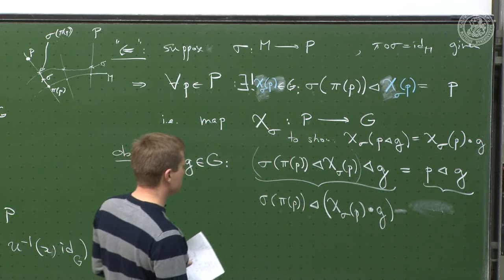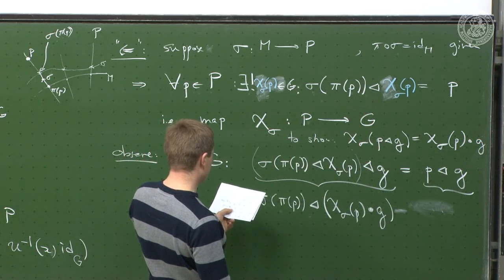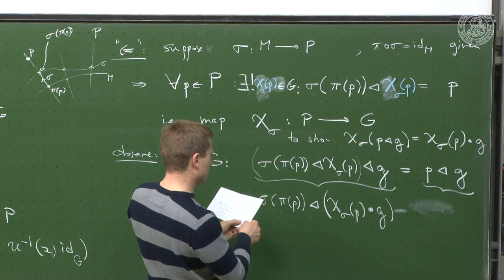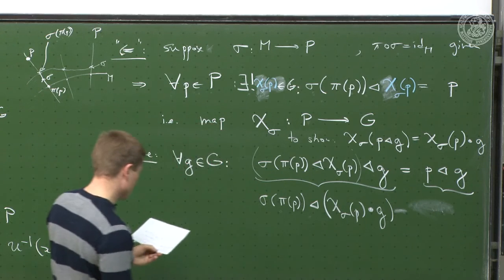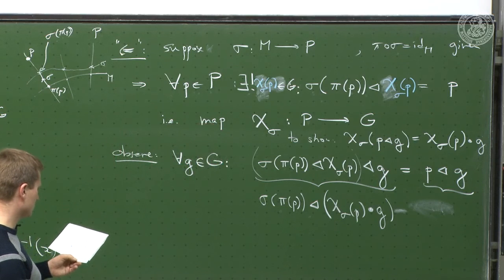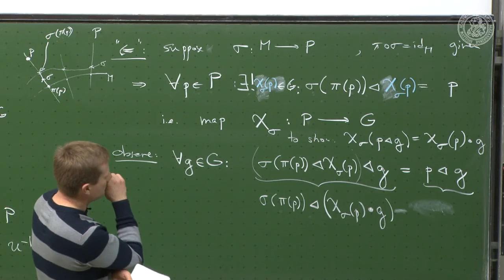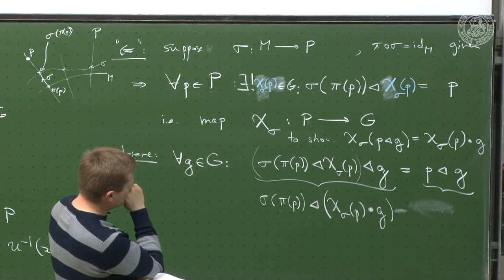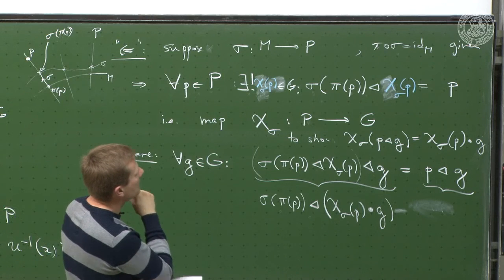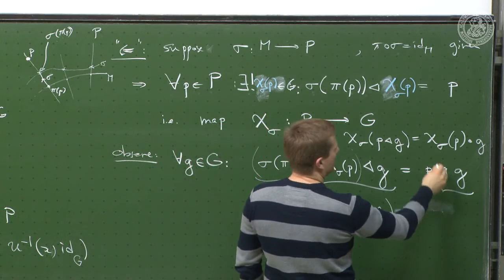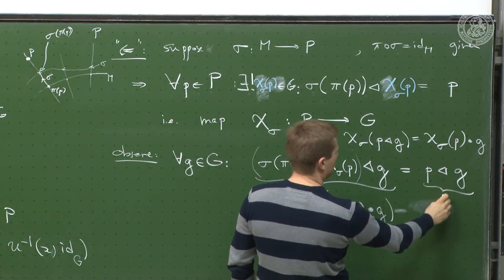So I have this. Now, certainly from up here, since the action is free, how do I get this guy? So I want to rewrite this right-hand side.